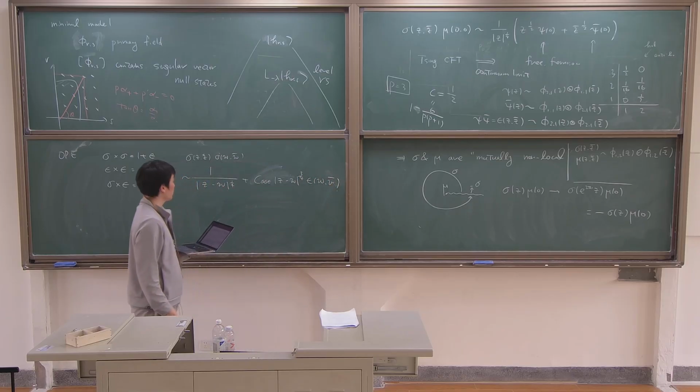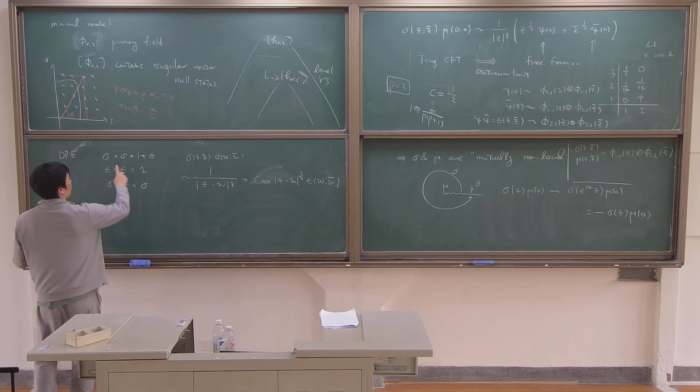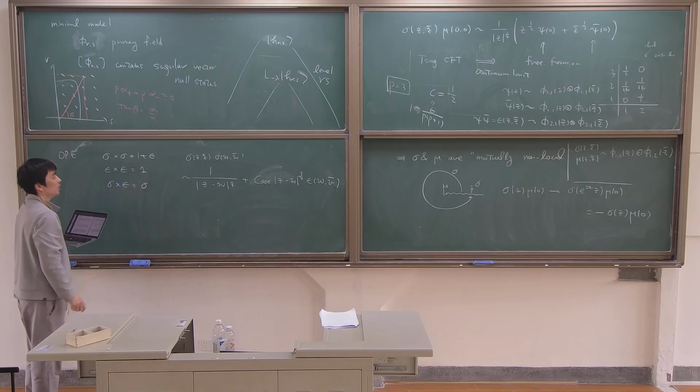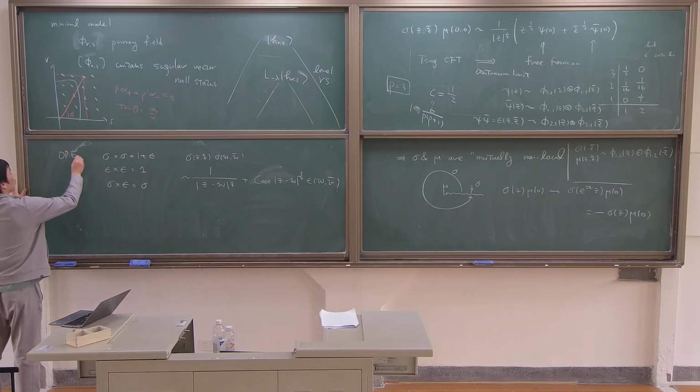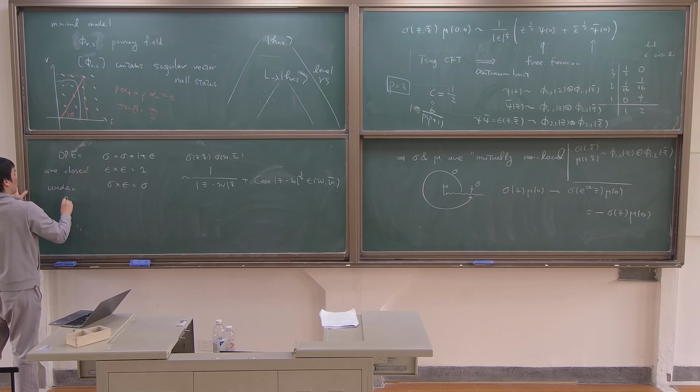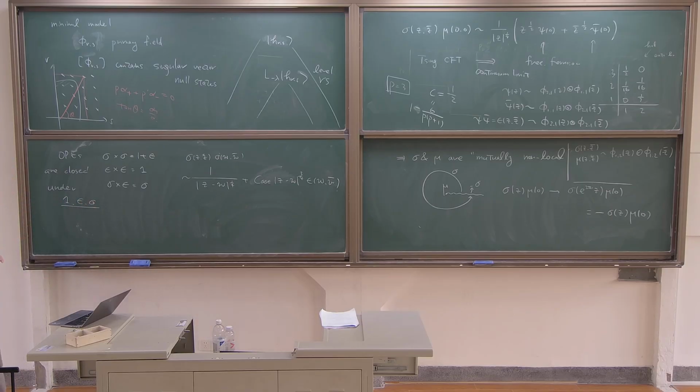So these are OPEs of sigma, the rough form of sigma times sigma equals 1 plus epsilon. The important thing is that the OPEs are closed on 1, epsilon and sigma.